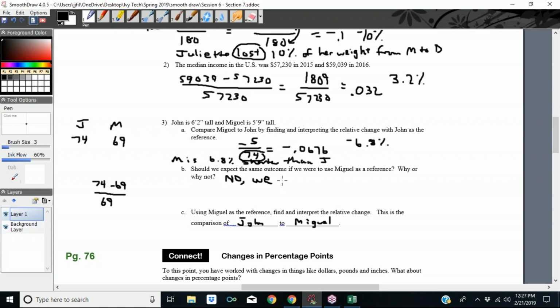We are dividing by a different number, a different value. Okay, so now we're doing 5 divided by 69.